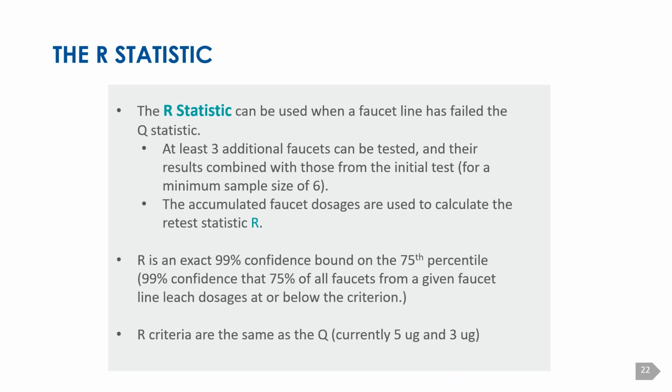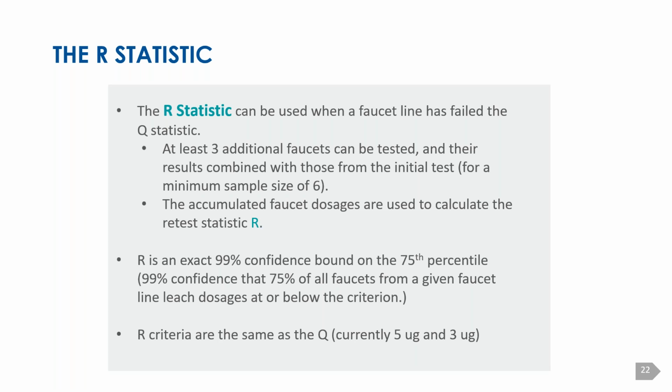And then just briefly on the R statistic, it's used pretty infrequently, but you may hear references to the R statistic, or sometimes known as the retest statistic. This statistic can be used when a faucet line has failed the Q statistic. So the standard gives this provision that, let's say your first 3 faucets fail the Q statistic.